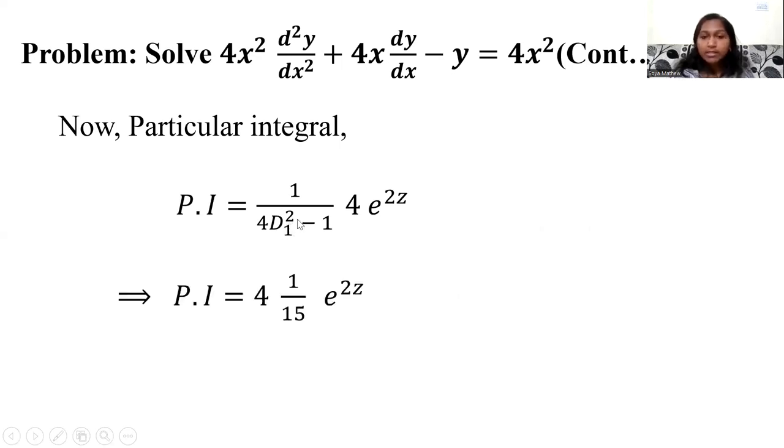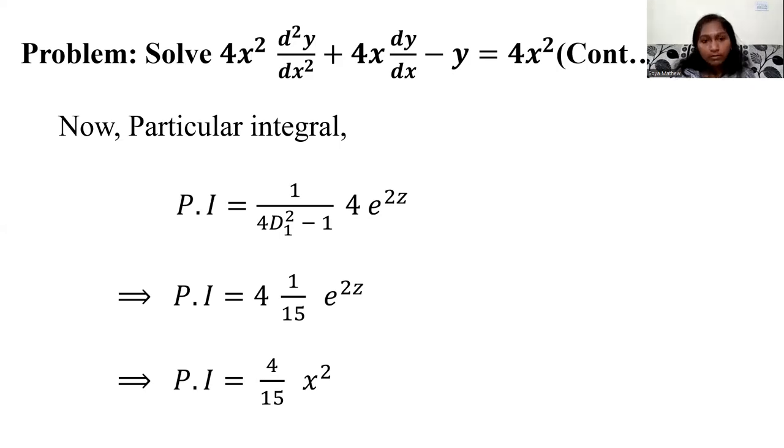So it can be written as 4 divided by 4 into 4 minus 1, which is 16 minus 1, which is 15. So 4 by 15 into e raised to 2z. Now expressing in terms of x, you can rewrite it as 4 by 15 into x squared.